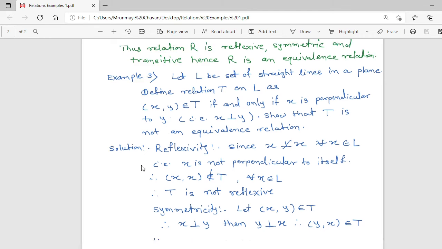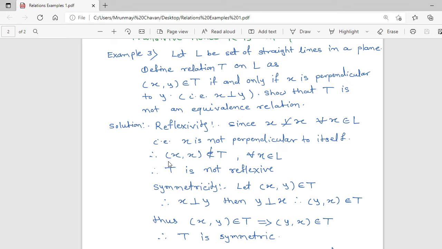Next, let us take L as the set of all straight lines in a plane and define relation T on L as (x,y) belongs to relation T if and only if x is perpendicular to y.